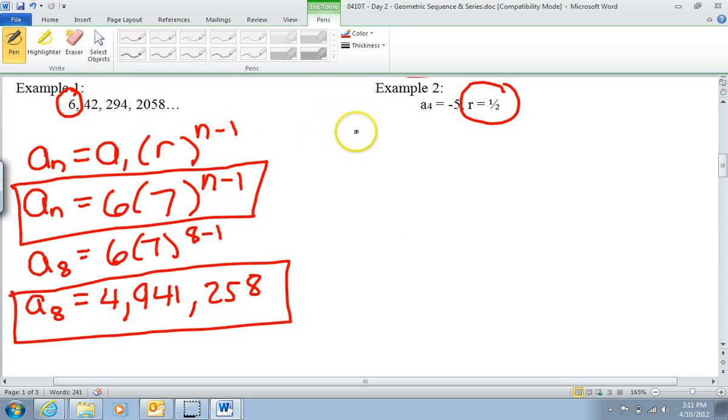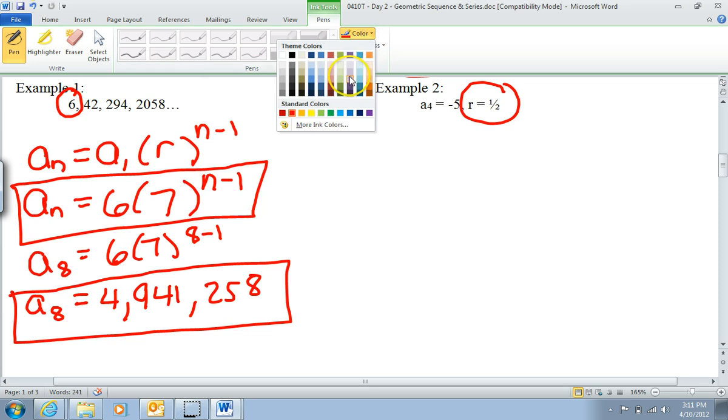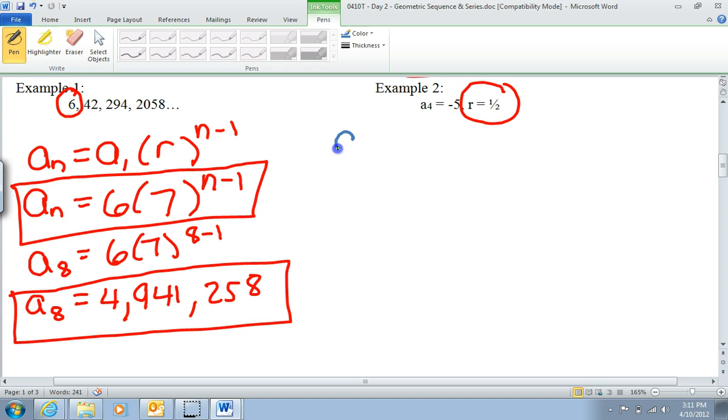So let's use the formula just like last time. I think I'm going to change color. Okay, so here I go. AN is equal to A1 times R to the n minus 1 power. Instead of AN, I'm going to put A4 because that's what I'm given. So A4 equals A1.